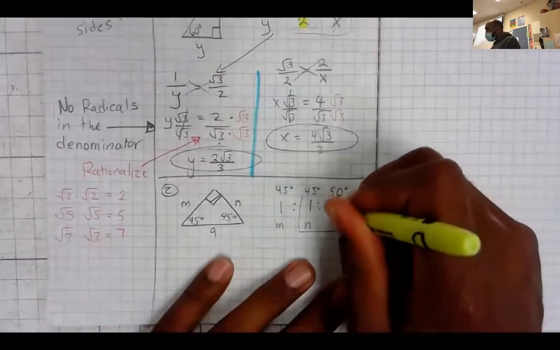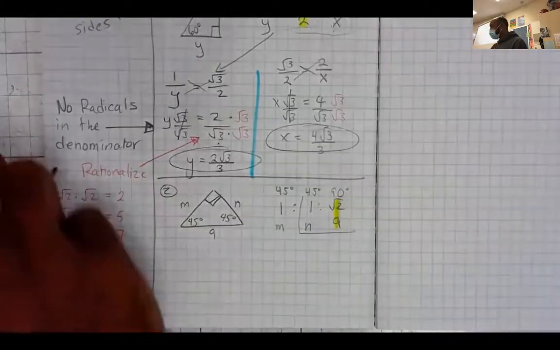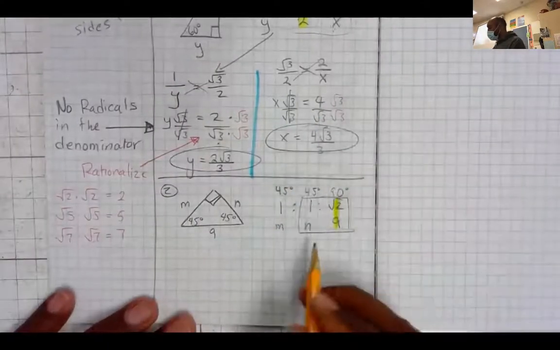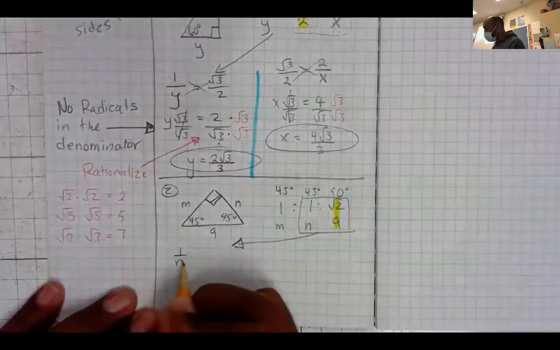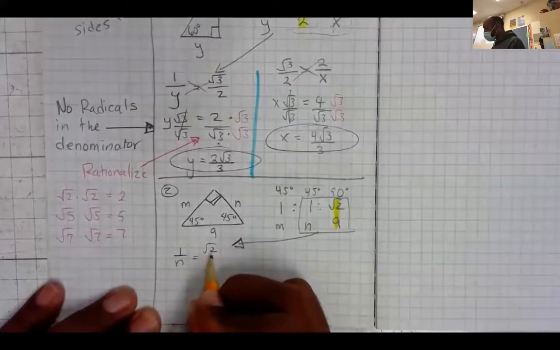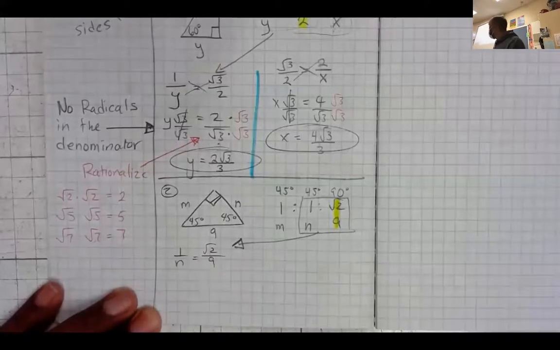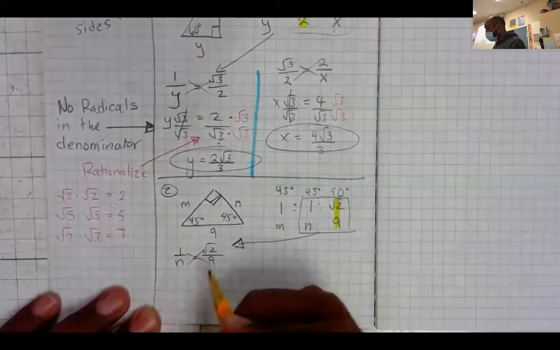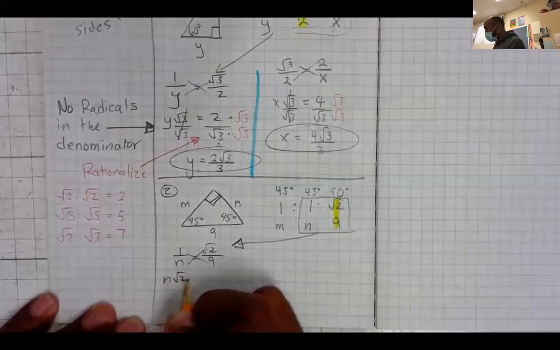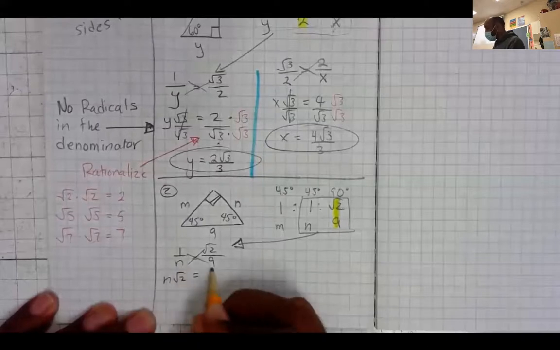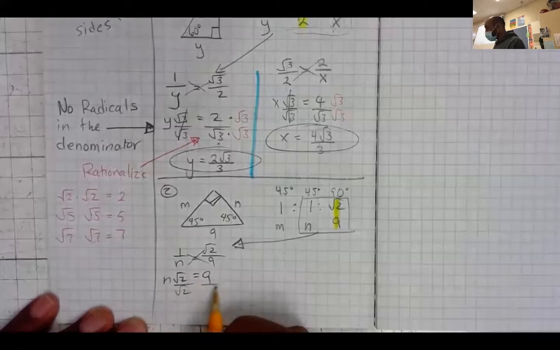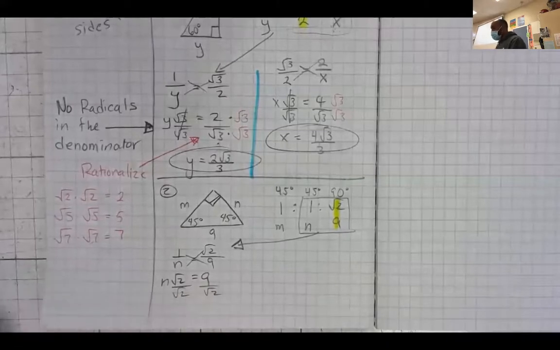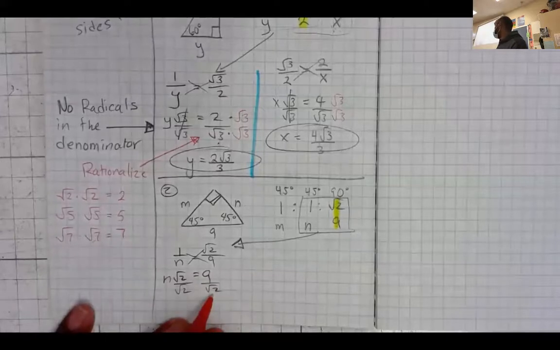So I'm going to use these two pairs. Here's the known pair, because I know the ratio and the side. And we're just going to set up the equation. So now 1 over n equals radical 2 over 9. Again, cross multiply. So n times radical 2 equals 1 times 9. Just like before, divide by the square root. Now again, there's a square root on the bottom, so I got to rationalize.